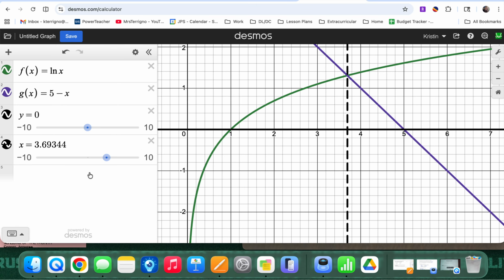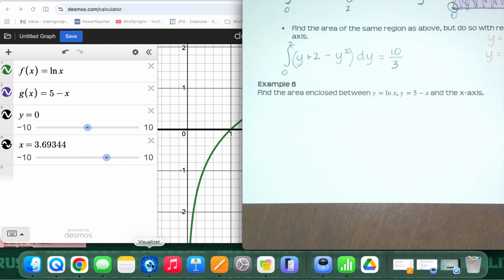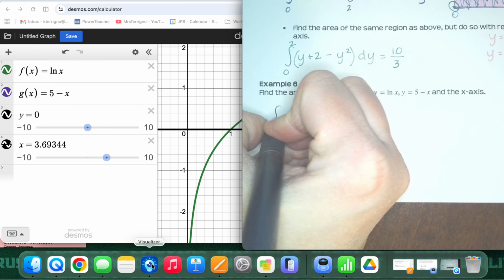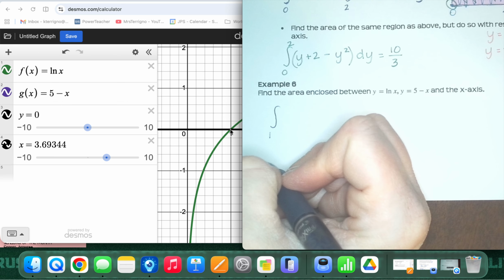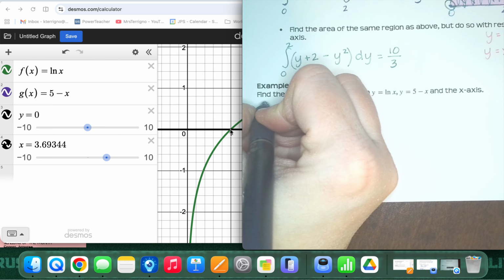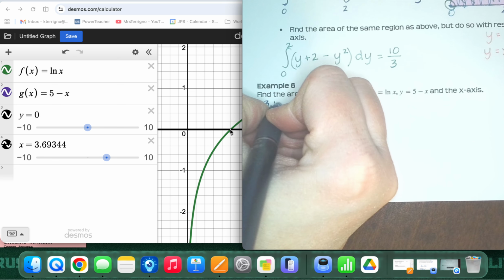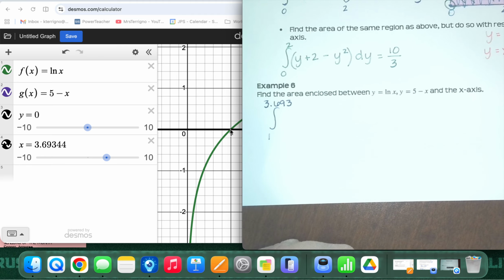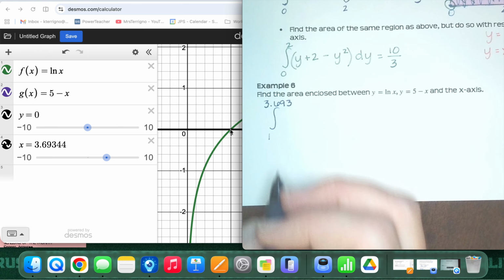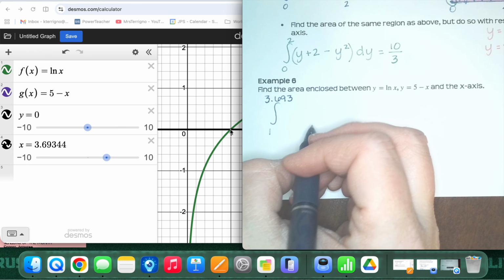So again, I've got that number there that I'm going to need. The way I would do this is I would integrate from 1. If you look at that green graph, it's poking out right there. The starting point is 1. So I'm going from 1 to 3.693. Remember, we want to write down 3 decimal places, even if we're going to use more, of the f of x function.